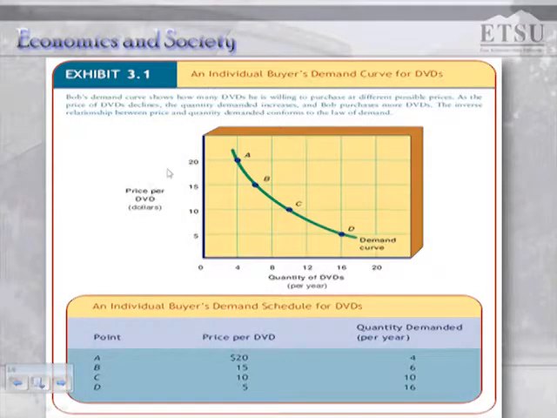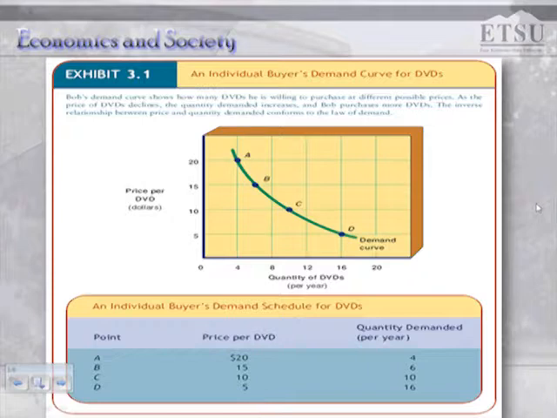So if we look at the demand curve for DVDs in this case, we see this single person's demand for DVDs in a year says that if the price of a DVD is $20, then he will buy 4 units in a year.